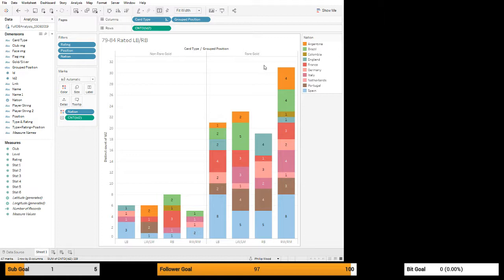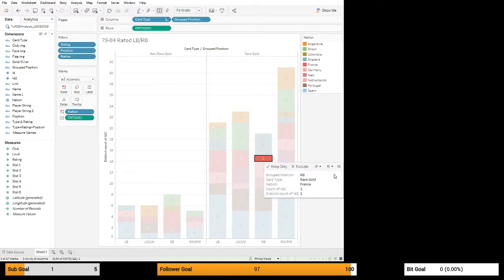So, I mean, looking at this, yeah, the French right backs. Who's that French right back? He's pretty rare. Ruben Aguilar.